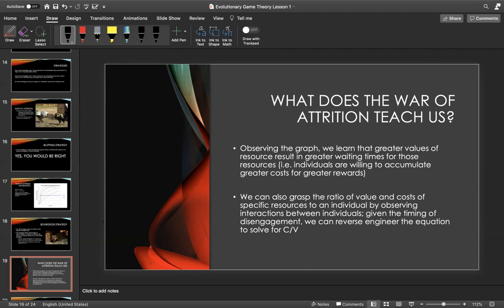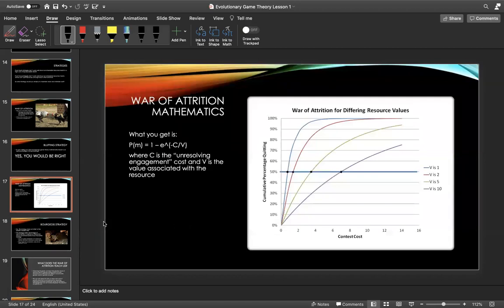It seems unapproachable. But by looking at the timing of disengagement, you can actually reverse engineer the equation to calculate C over V based on the curve you get in nature, and it gives you insight into how valuable individuals perceive certain resources, how they perceive the costs with those resources.